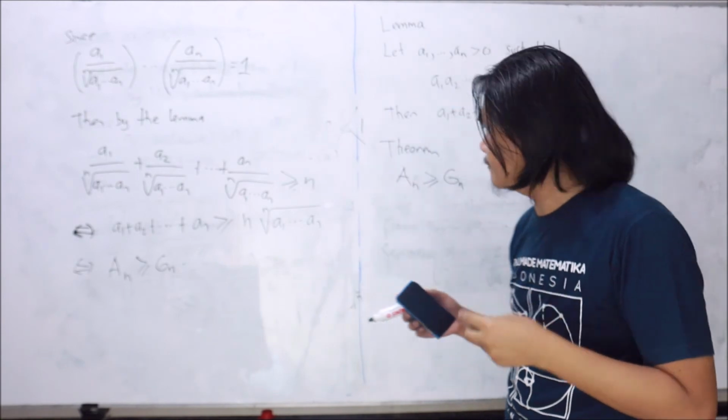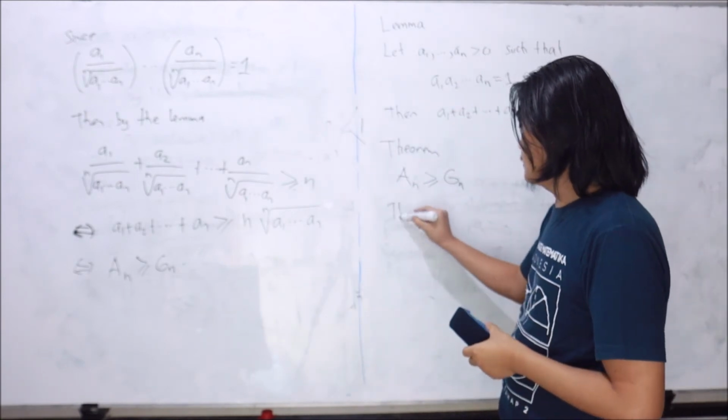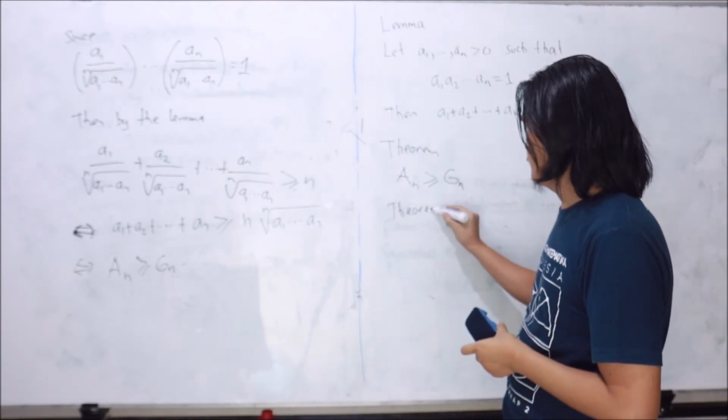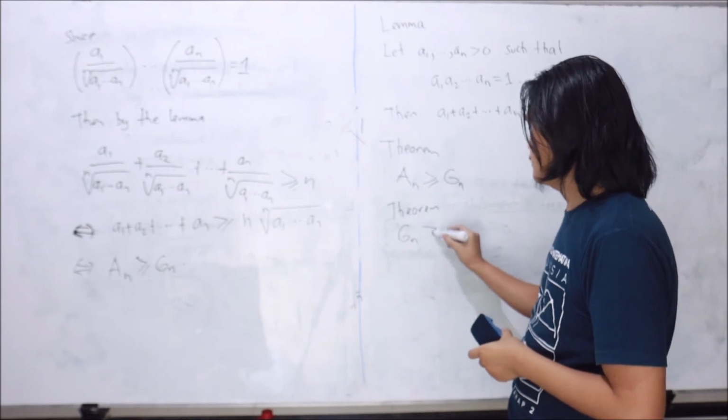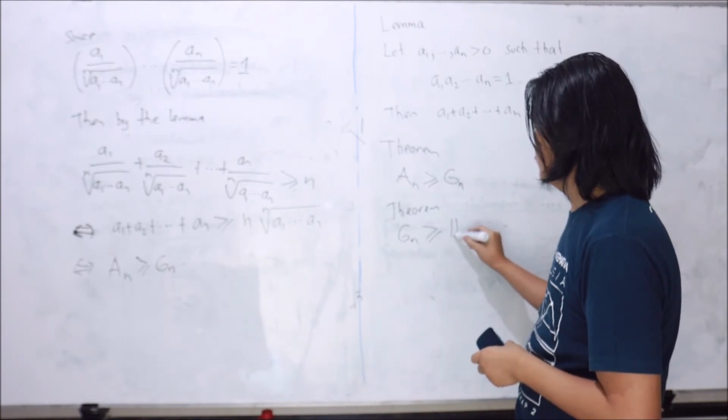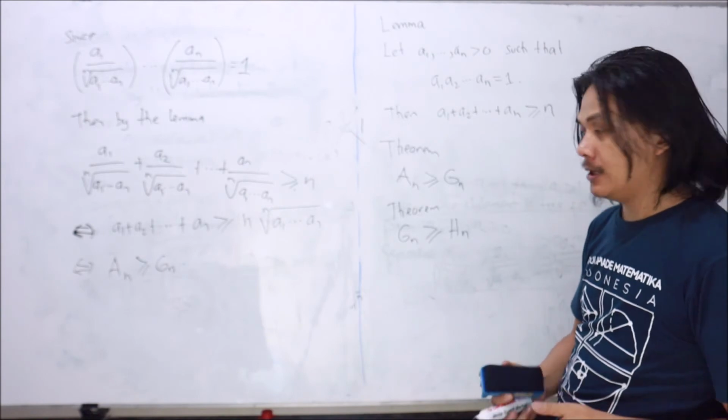Okay, now we prove the last part of the theorem, which is the geometric mean is greater or equal to the harmonic mean. Okay?